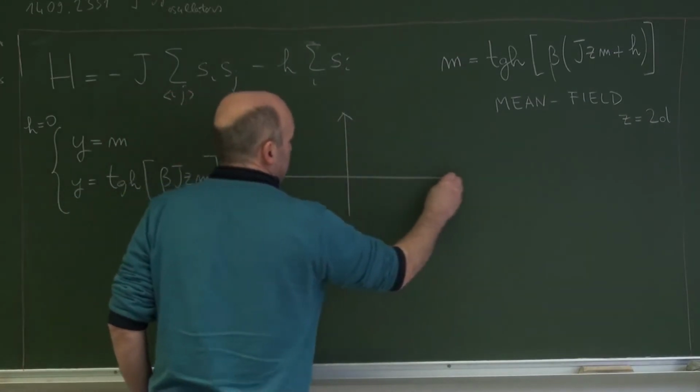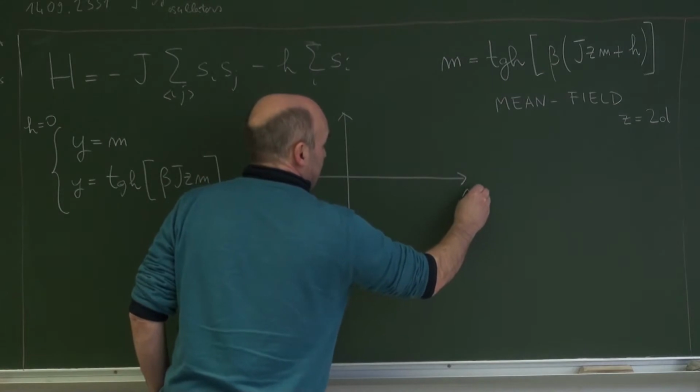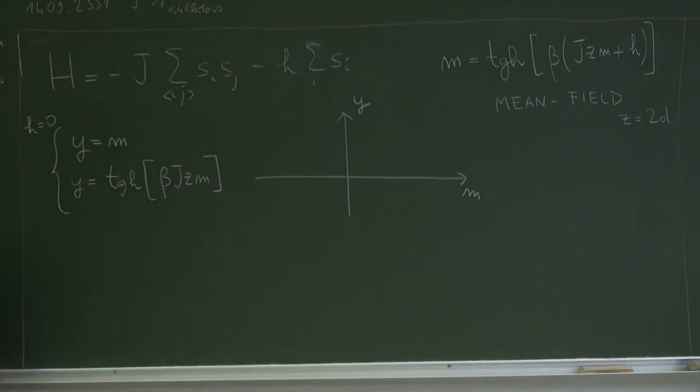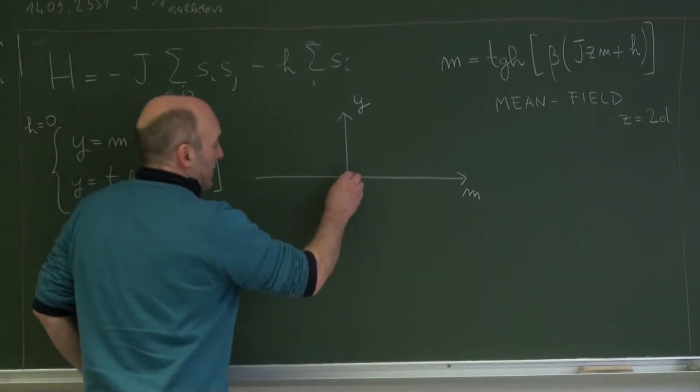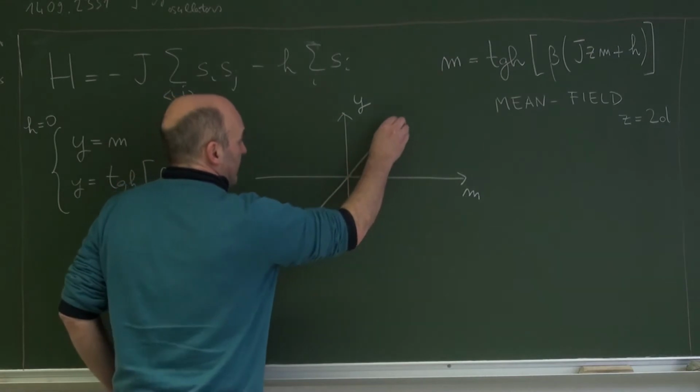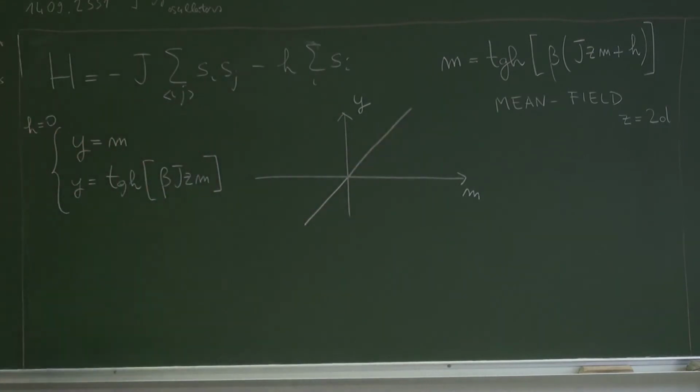Graphically, we plot on the horizontal axis the magnetization, and on the vertical axis this auxiliary variable y. Therefore we look at the intersection of two curves. One is y equal to m, a line with slope 45 degrees. The other is y equal to the hyperbolic tangent.